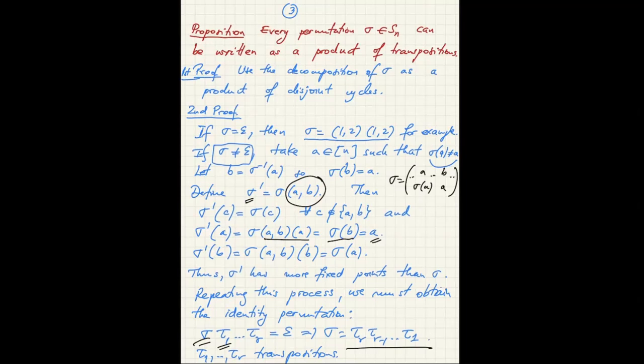Formally, if you have a permutation that's not identity, then you take a non-fixed point of it, an element A such that sigma of A is not A. And then take B to be the preimage of A.